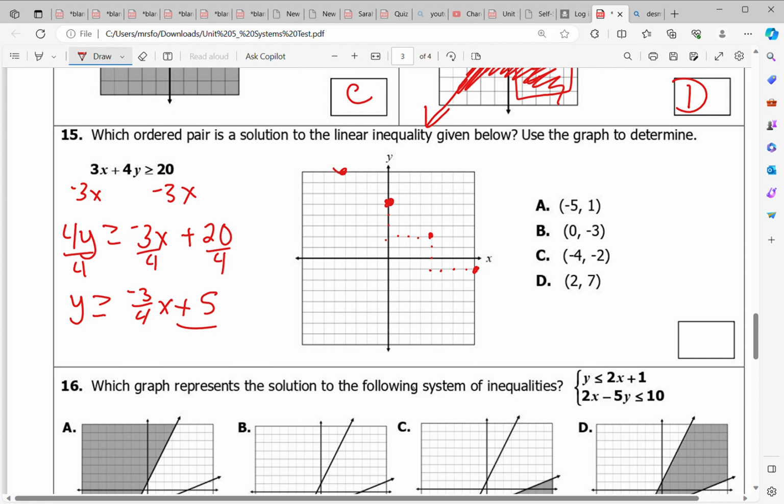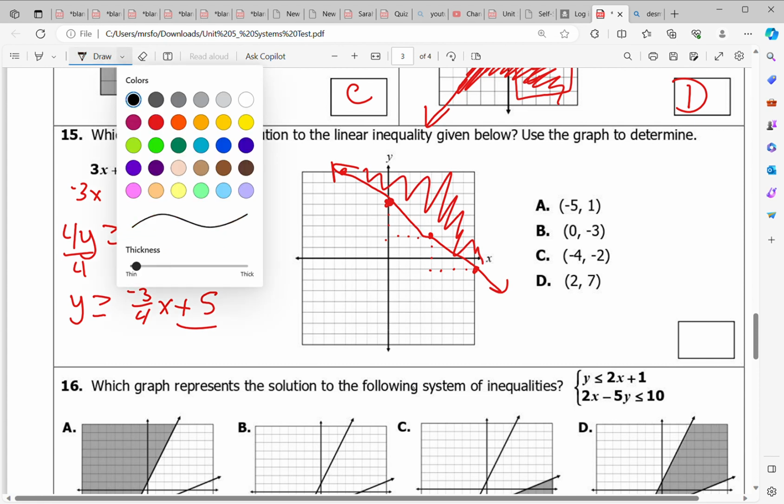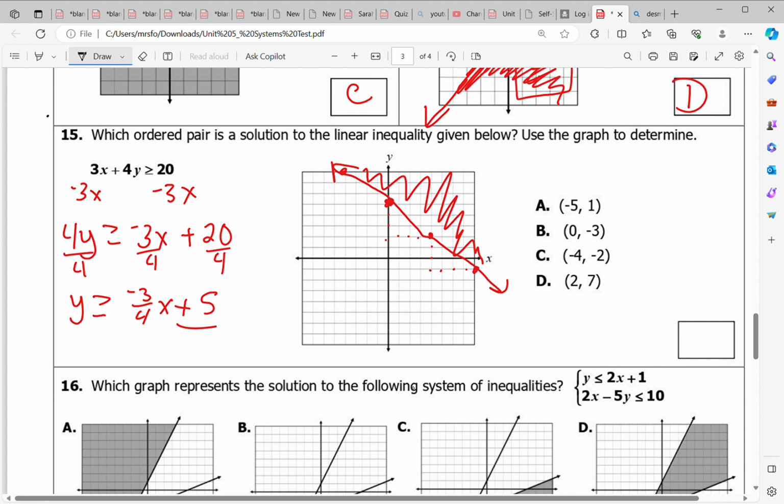It is a solid line. And it's greater than, so you're going to shade above. So an ordered pair that's a solution is going to fall up there.